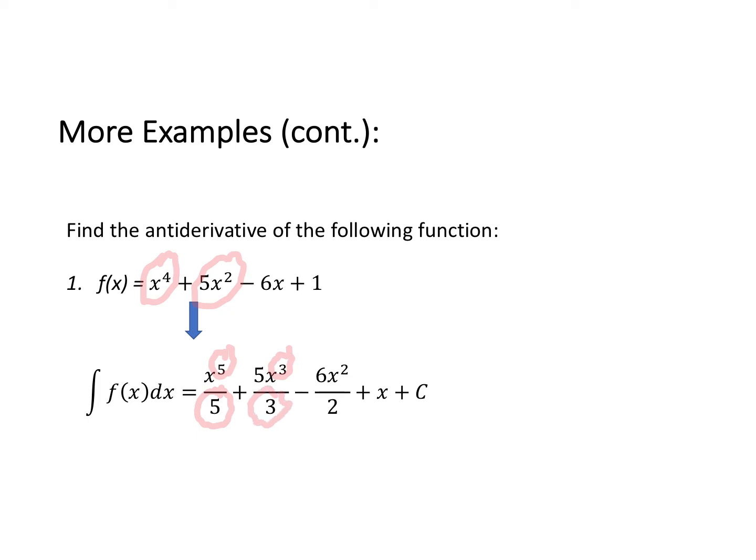Then we've got minus 6x, so we're going to add 1 to the exponent. The exponent here is actually 1, so if we add 1, that becomes 2, and then divide by that 2, so we get 6x squared over 2. Then the last term is 1. If you think about that, that's actually 1 times x to the 0.